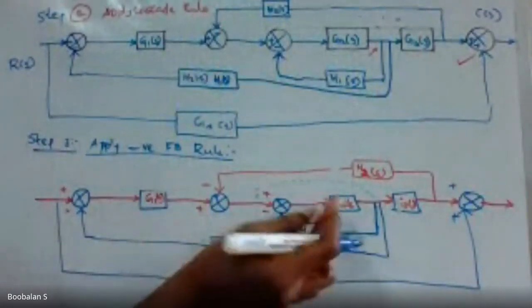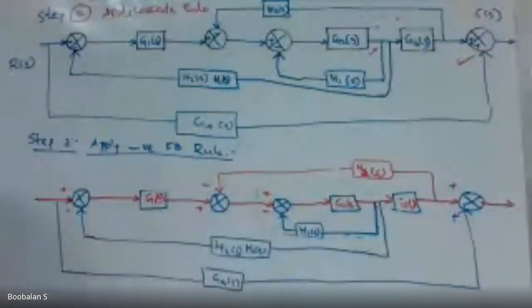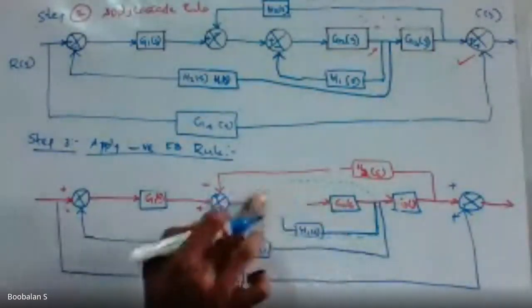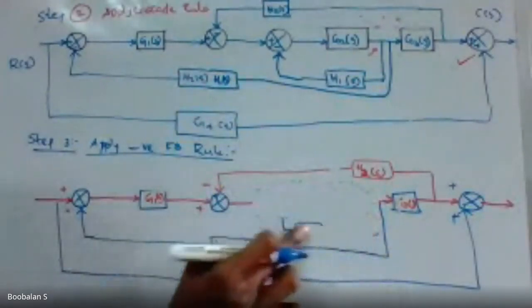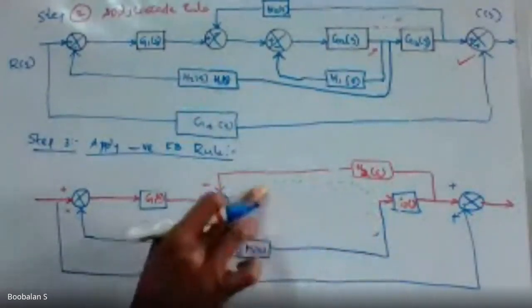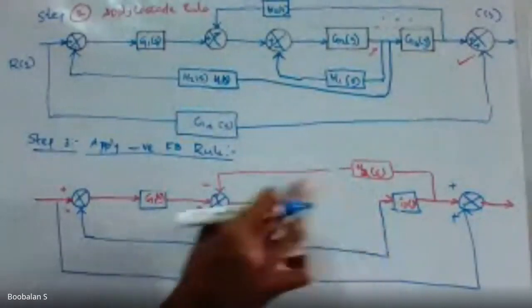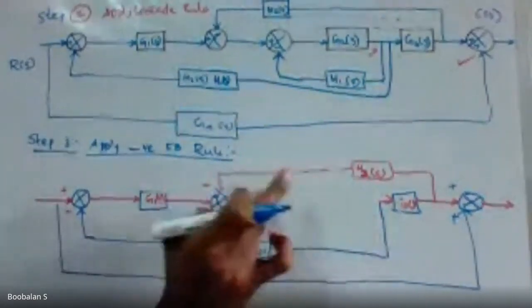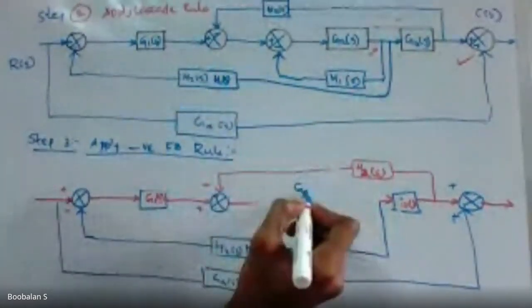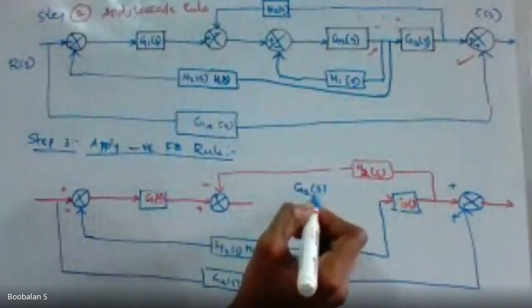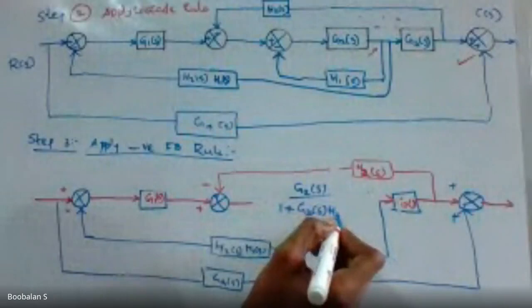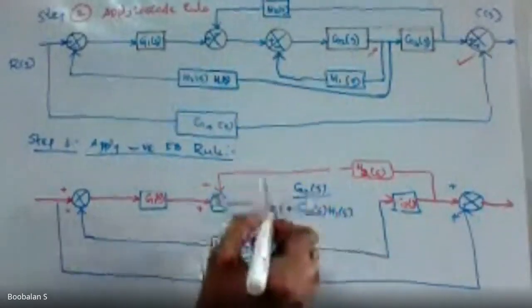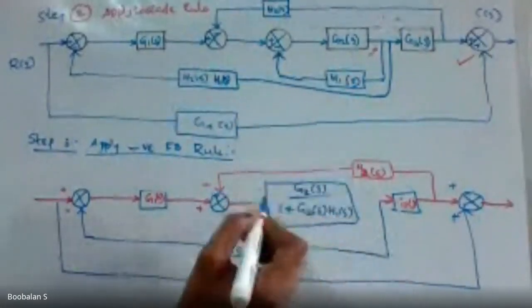Applying negative feedback, G divided by 1 plus G into H. Here we have G2 and H1. So the total diagram will look like this: G2 divided by 1 plus G2 H1. It is called H1 of S. So this is the main reduced block.